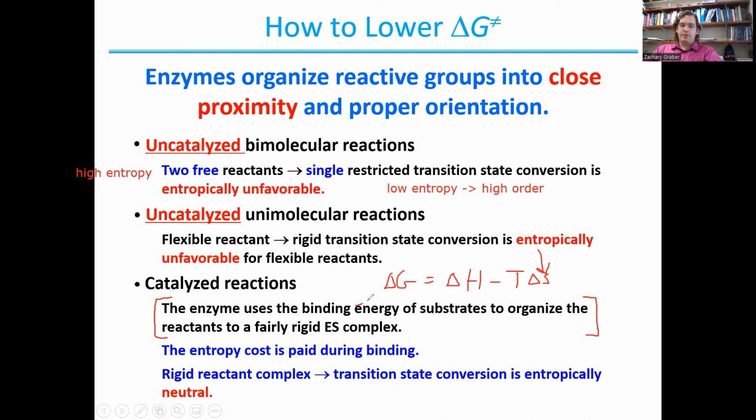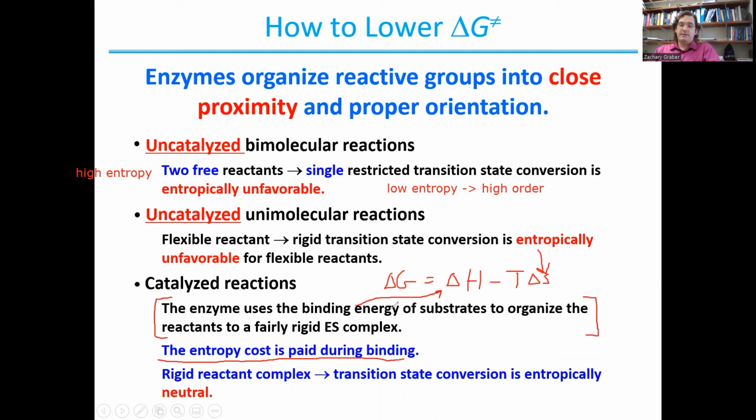But our binding energy will contribute to a negative delta H in order to help this process be more spontaneous, right? So we can modify our equation essentially to improve our delta G. So our entropy cost is paid using a delta H of forming that positive interaction.